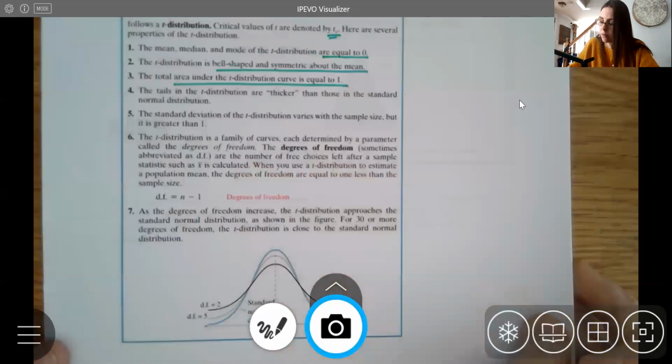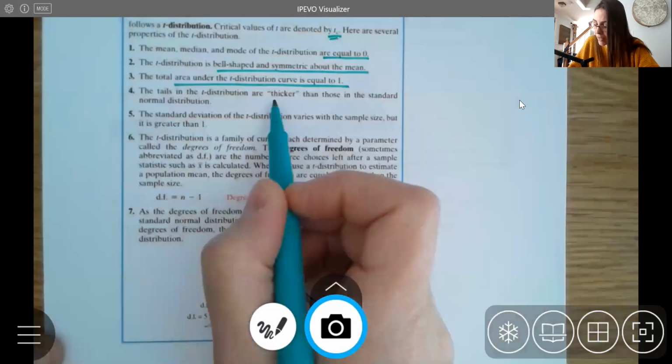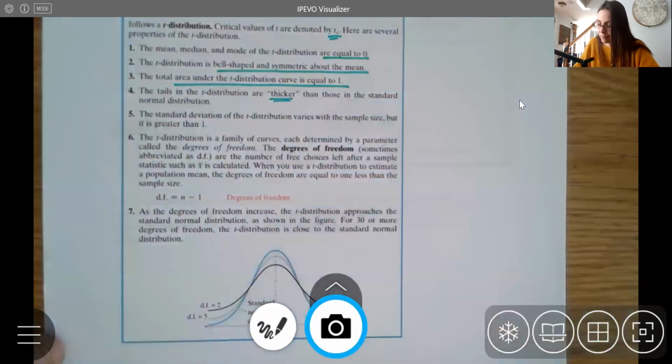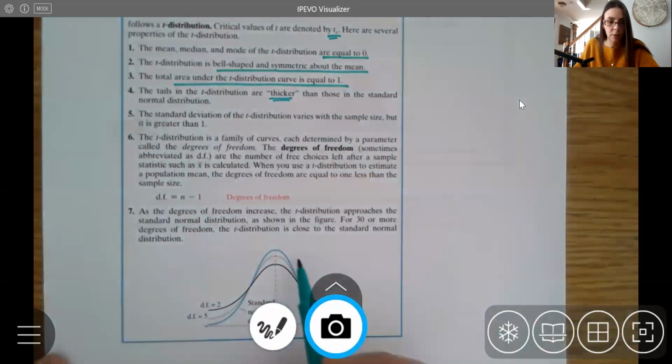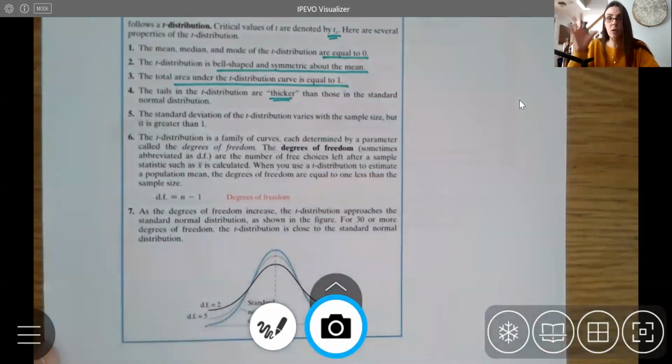The tails in the t distribution are a bit thicker than those in the standard normal distribution. Here they have the standard normal curve in blue, whereas your t curves, two examples, are one in black and one in a beige color. So they're a little bit thicker there. They do eventually get close to the x-axis, but it just takes a little bit longer.